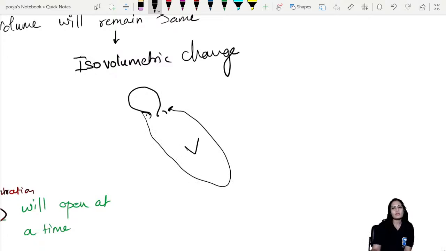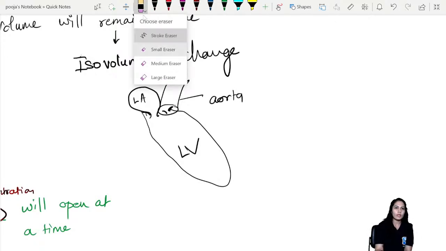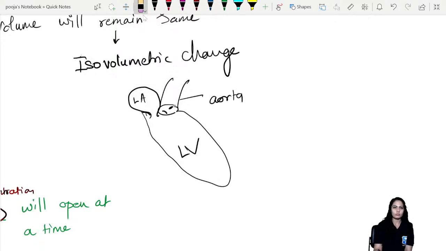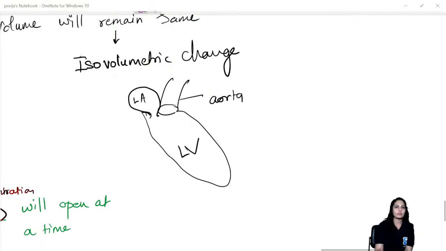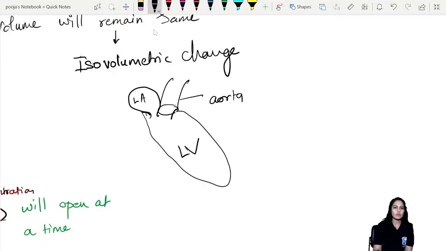Suppose this is the ventricle, this is the atria, and we are going to have this valve over here. Suppose we are talking about the left atrium and left ventricle. So over here we are going to have the aortic valve. This aortic valve is usually closed.